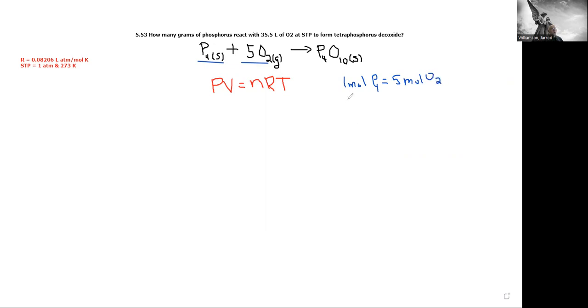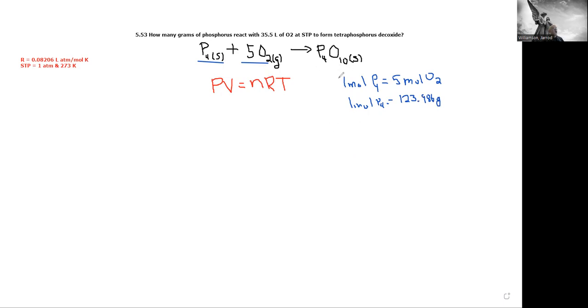I also know that the molar mass of P4 for phosphorus is 123.986 grams.